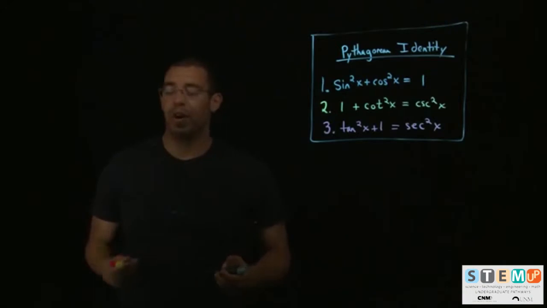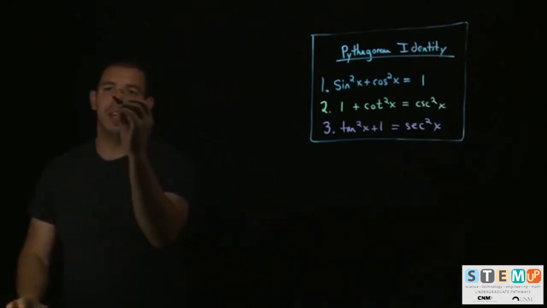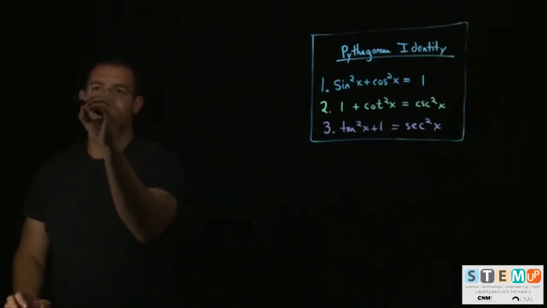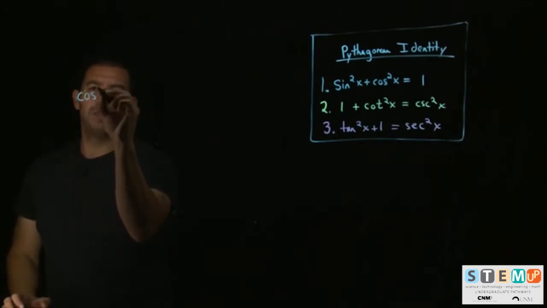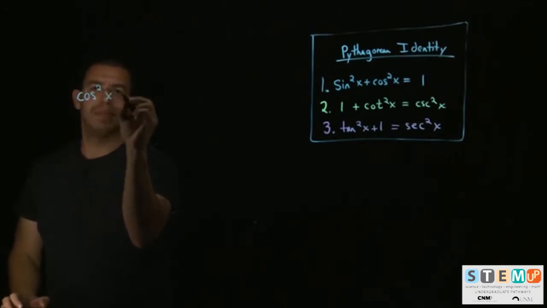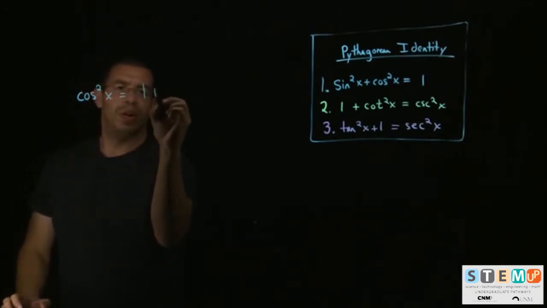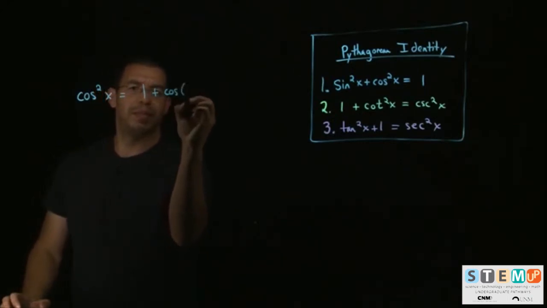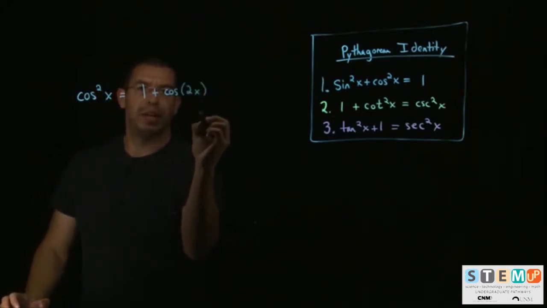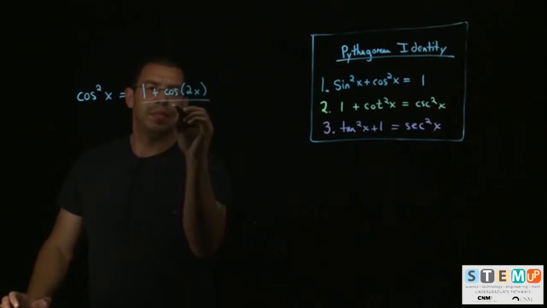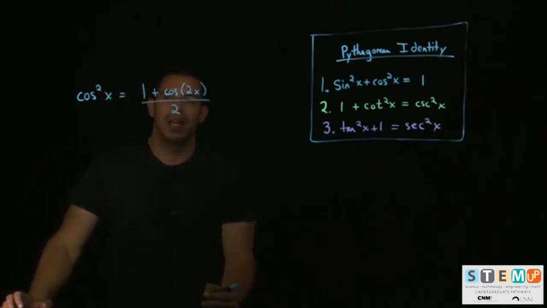So another equation you'll see in trig is a power reduction formula. So cosine squared is equal to 1 plus the cosine of 2x divided by 2.